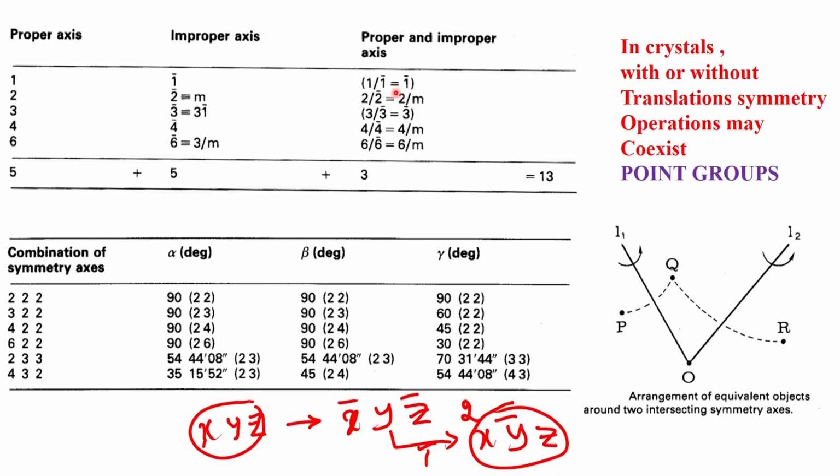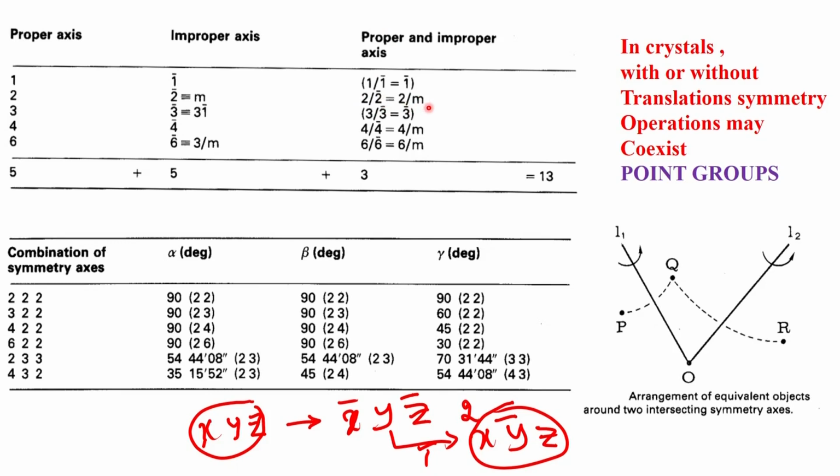So, when we combine for example 1 and 1 bar, we can show that it turns out to be equal to 1 bar only. So, there is nothing new which will get created. In other words, the presence of the improper axis remains the same, whether you combine it with 1 and make it 1 and 1 bar simultaneously operating, you will get 1 bar only. Similarly, 2 and 2 bar now will introduce a combination of the proper axis twofold followed by a mirror symmetry.